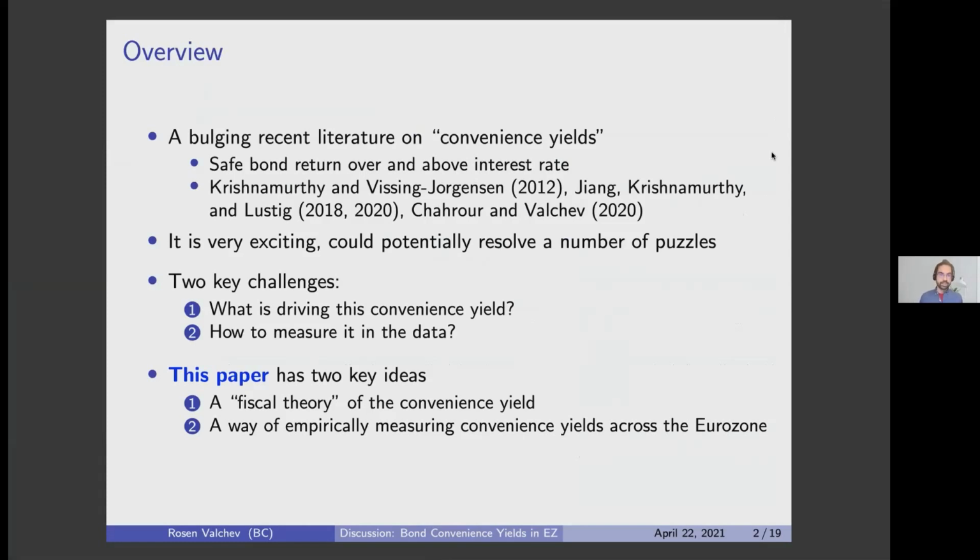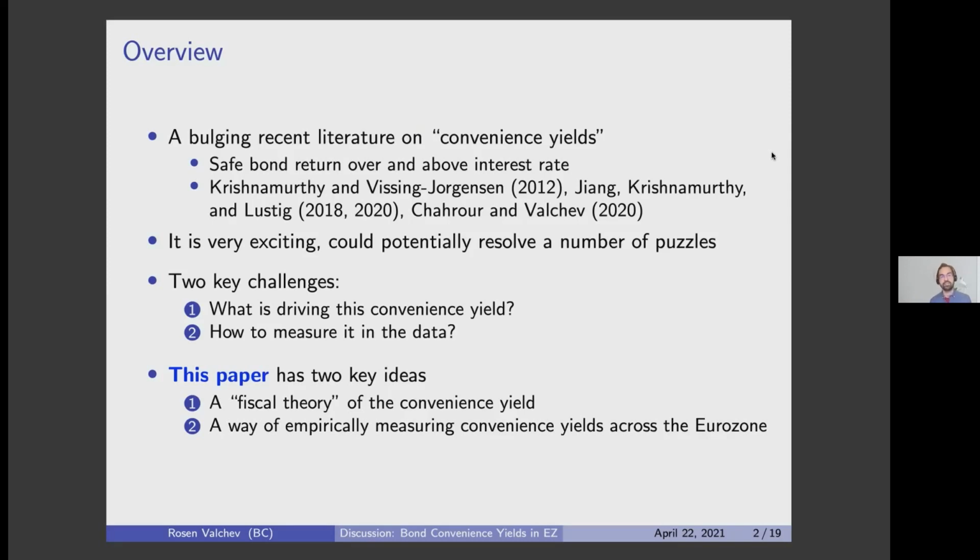So first, this relates to what I'll call the burgeoning recent literature on convenience yields. Let me define it to make sure we're on the same page. This is the idea that safe bonds offer a return over and above their interest rate, even after accounting for the default probability risk premium. Many papers have documented in the past that there typically remains some extra residual, which a number of researchers have tried to rationalize through the idea that safe assets are somewhat close to money.